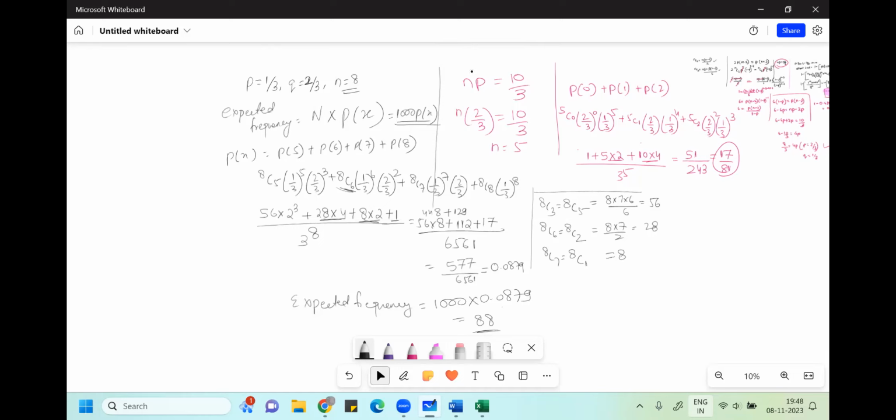Guys, I try not to use calculator much. I only use calculator at the end. In between, if you feel you can use calculator anytime. The only thing you should remember is you should know how to find these values. And this is important.